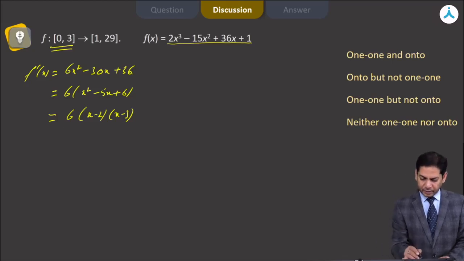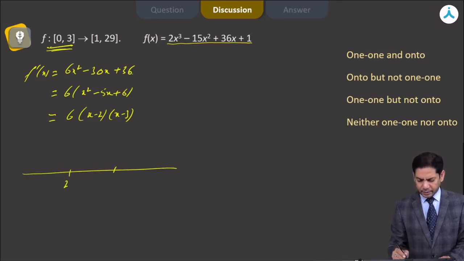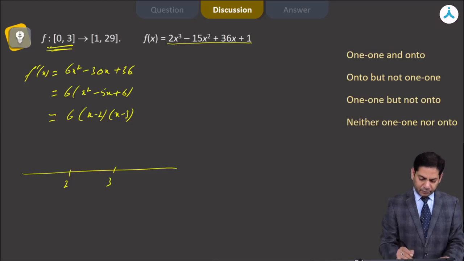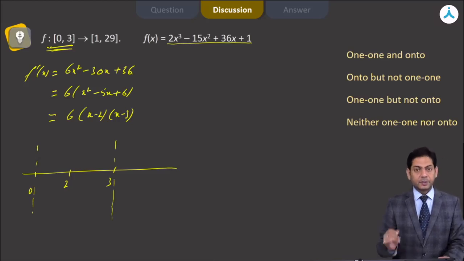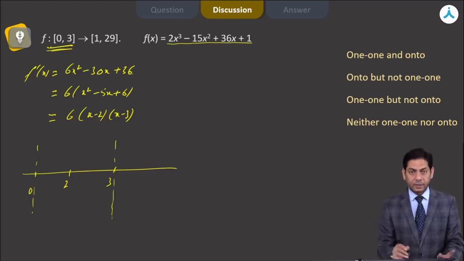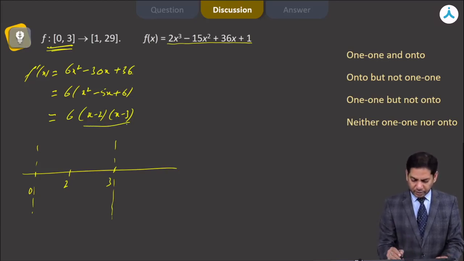So the interval under investigation is 0 to 3 only. So let's draw the number line. This is 2 and this is 3. But we have to focus only on the interval here, 0 to 3, only this part. But as far as the sign of the derivative is concerned, beyond 3 the derivative is going to be positive.